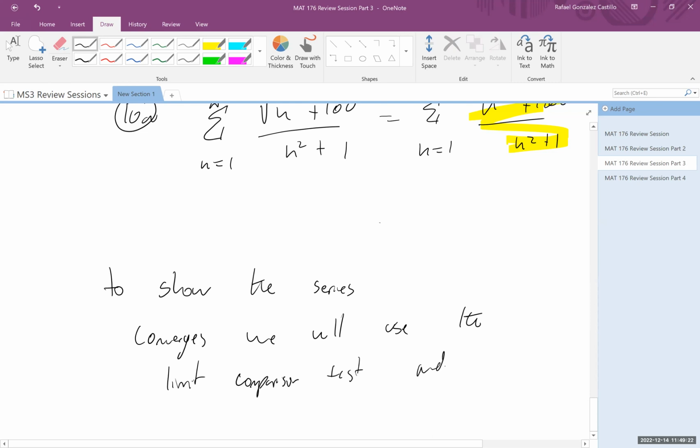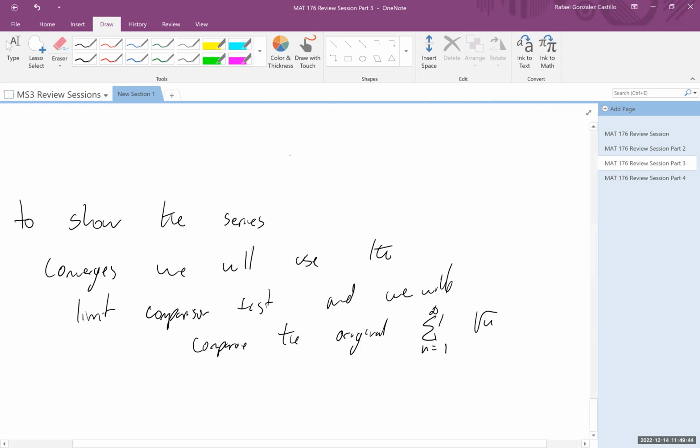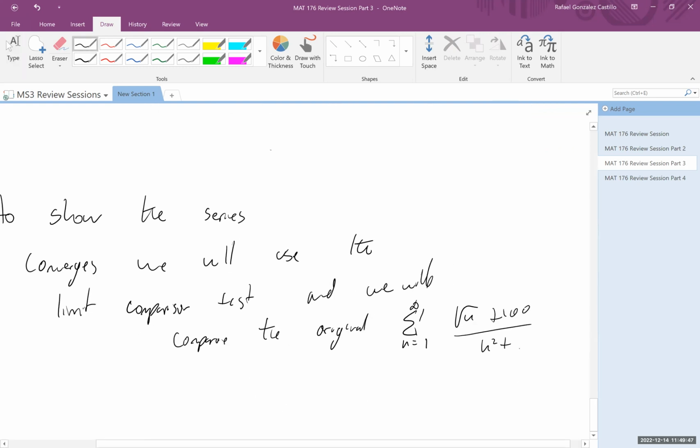We will compare the original series, the sum from n equals 1 to infinity of square root of n plus 100 over n squared plus 1, with the series from n equals 1 to infinity of square root of n over n squared, which is really equal to the series of n to the 1/2 over n to the 2.